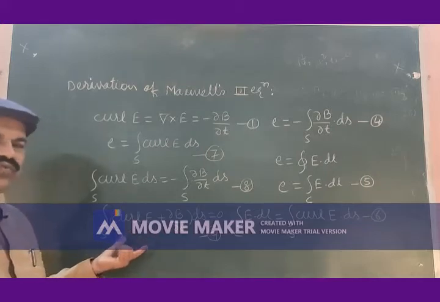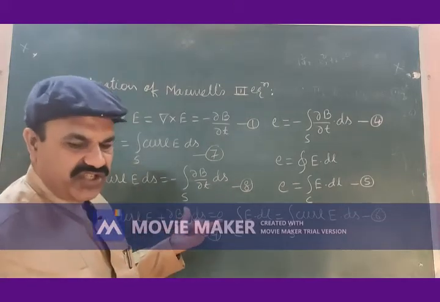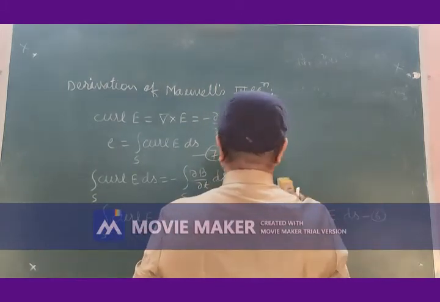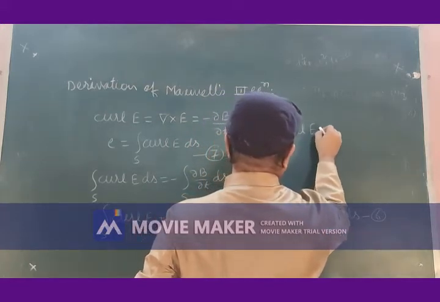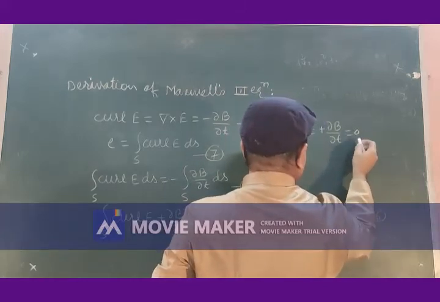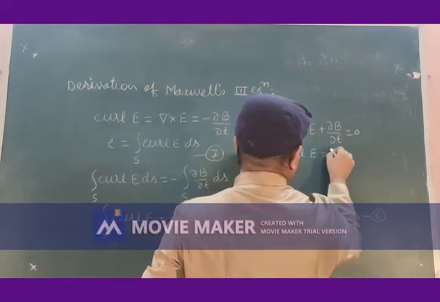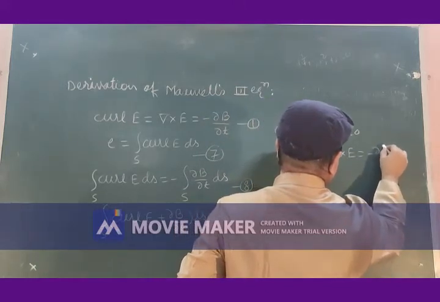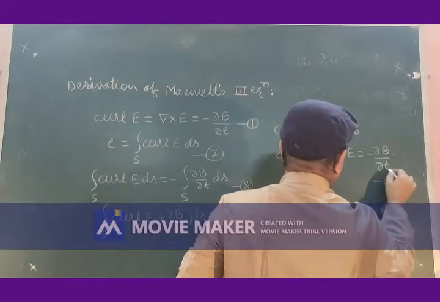As equation 9 is true for any arbitrary surface, the integrand must vanish. And therefore, if we allow the integrand to vanish, we will simply get curl E plus dou B by dou T is equal to 0, or simply curl E is equal to del cross E is equal to minus dou B by dou T, equation number 10.